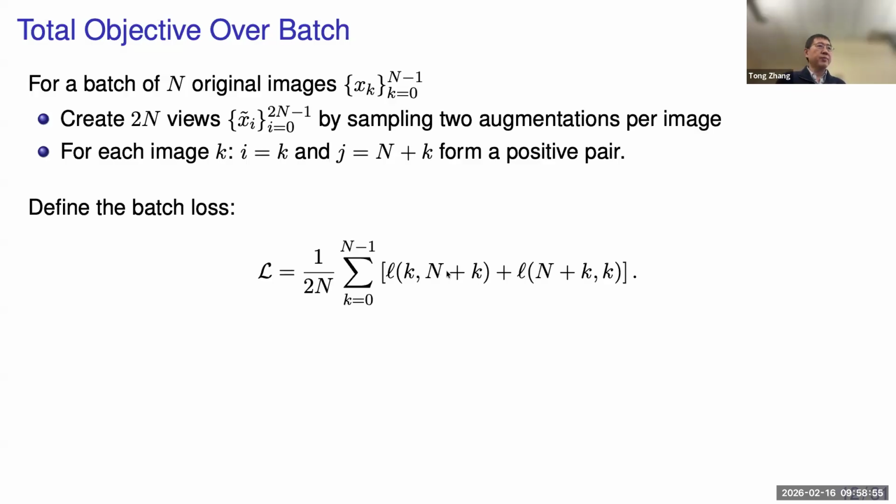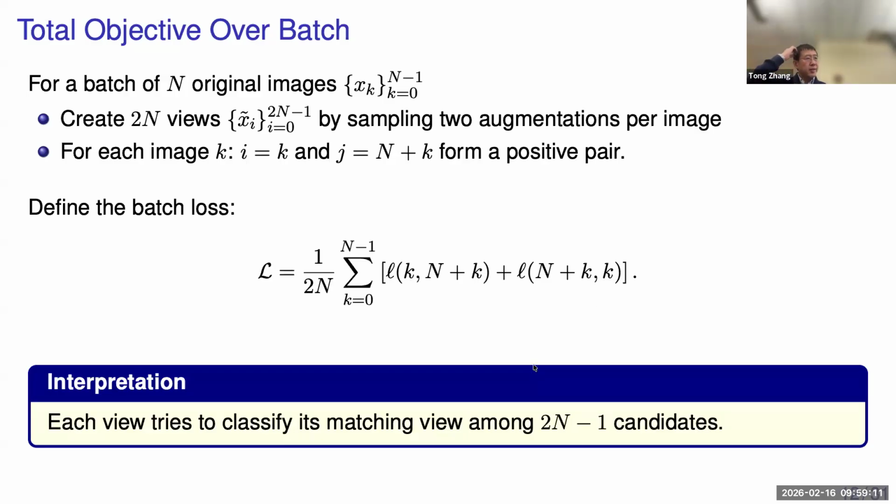The previous one is the one where these 2 are positive. Starting with k, you compare with any other images, so you have the denominator, and basically you try to classify your matching image. Think about each image i: you generate a matching image j from the same image, and the remaining 2n minus 2, since you ignore these 2, will be the negative images.